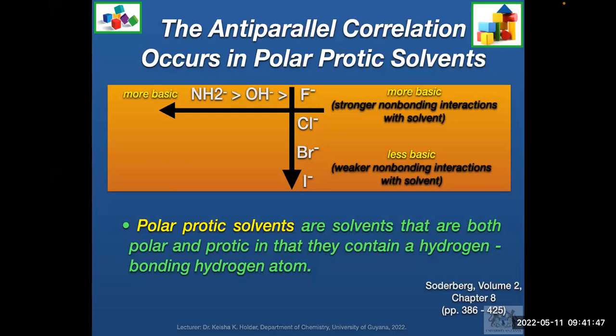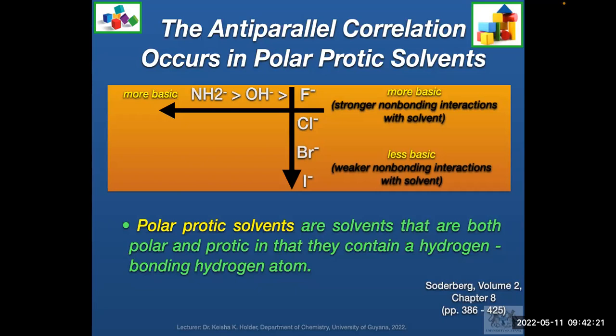Now here we have solvents that are polar and protic. The protic characteristic is what shows up in the form of a solvent that contains a hydrogen bonding hydrogen atom. So in other words, the solvent molecule must have a hydrogen that can participate in hydrogen bonding.